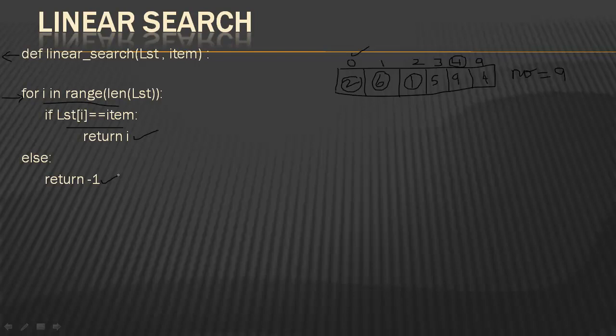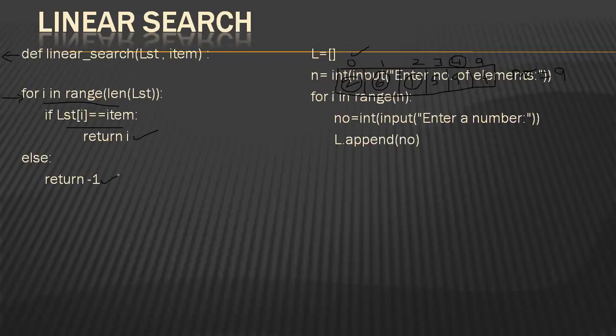Okay, now let me show you the main part of the program, or from wherever you are going to be calling this function. To call this function, obviously, I will need to ask the user to enter the elements into the list. We've seen this part of entering the elements into the list even in the previous videos. So you ask how many elements, you go through the loop, you take one element at a time and add it to your list.